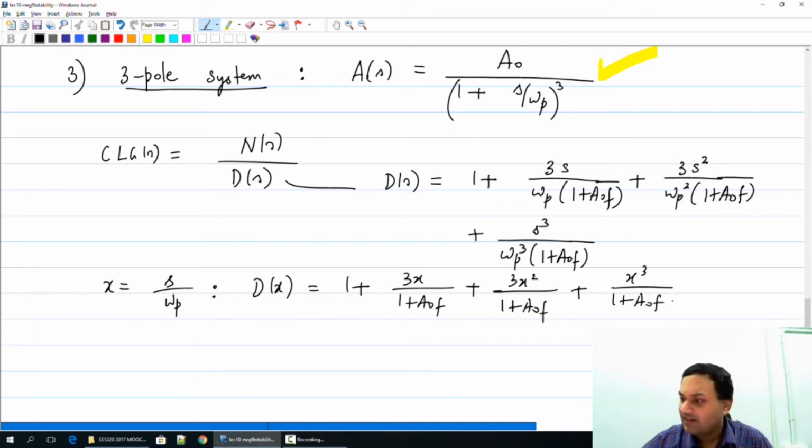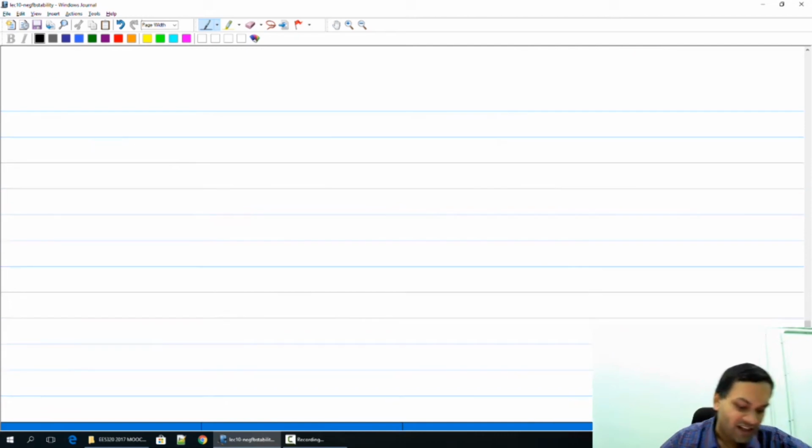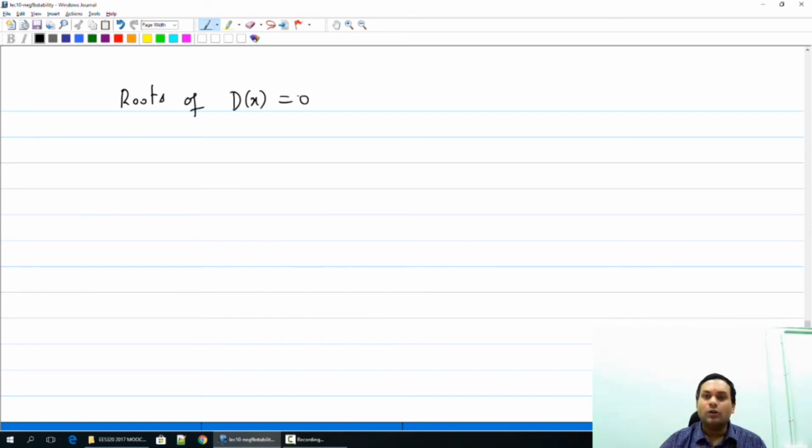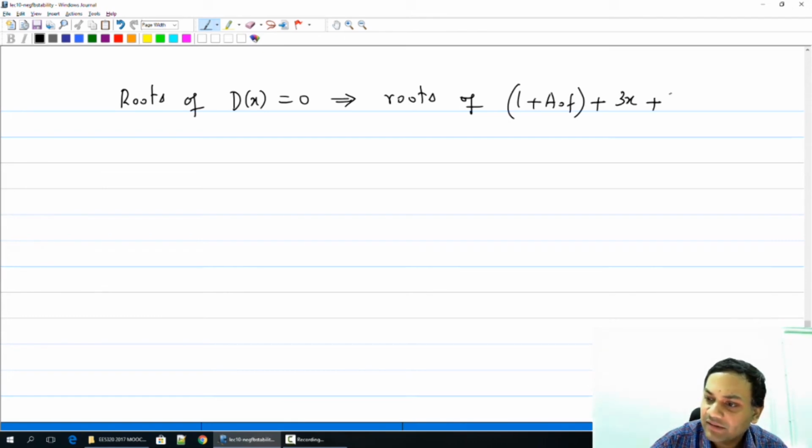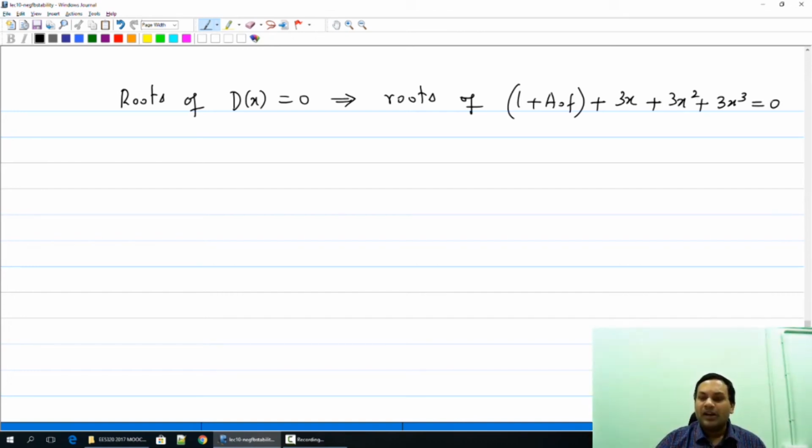And which means I need to find out the roots of the polynomial. So roots of d of x equal to 0 are the same as roots of 1 plus A naught f plus 3x plus 3x squared plus x cubed equal to 0.